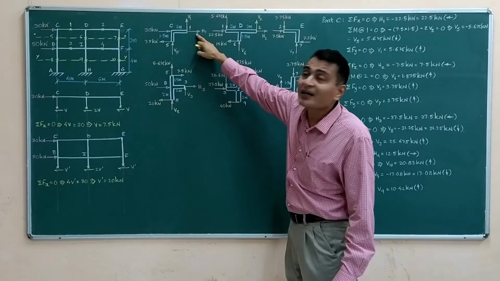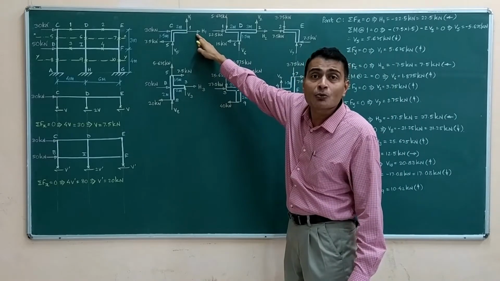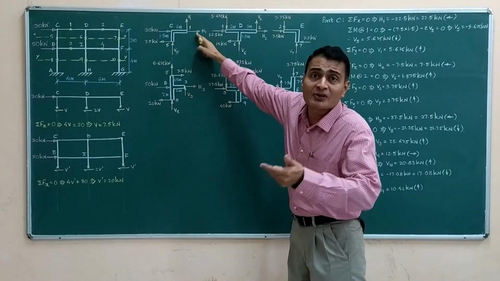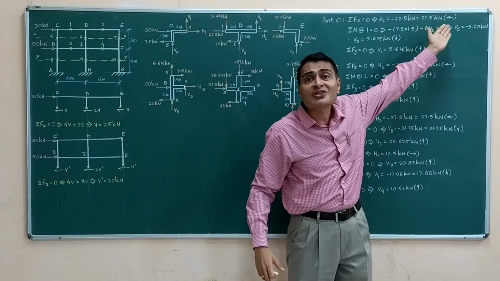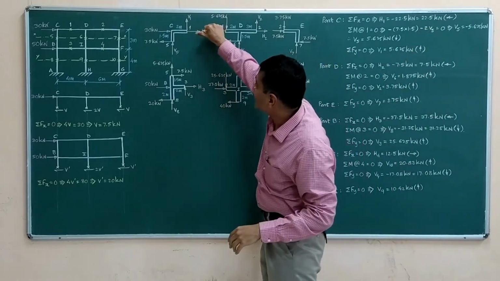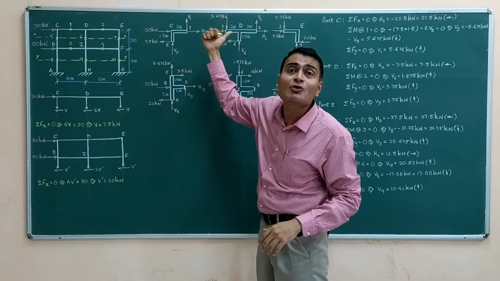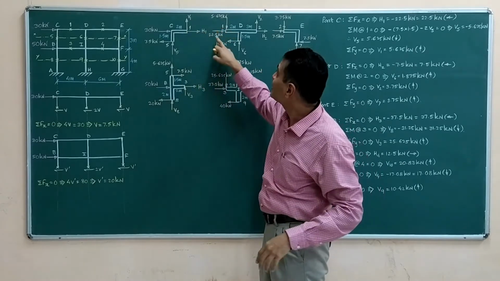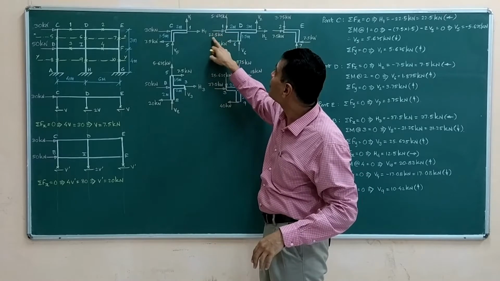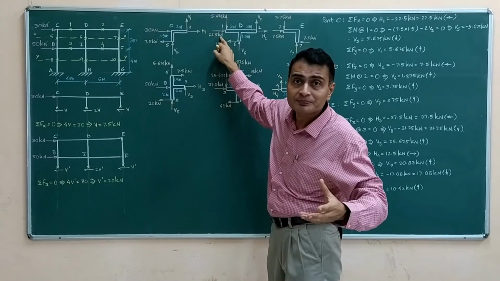Though I started assuming this to be rightwards, actually it is leftwards. That is what my calculations are saying. Now if this H1 is leftwards, obviously equal and opposite rightwards I have to show here. That's why this is rightwards 22.5.